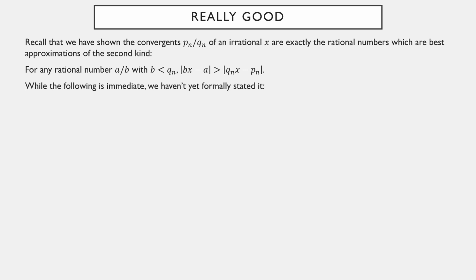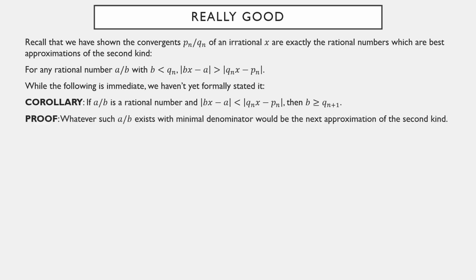So the following is immediate, but we haven't formally stated it. If a over b is a rational number and |bx - a| is less than |qnx - pn|, then b has to be bigger than or equal to qn+1. So suppose there are lots of a over b's that satisfy this, then there is a smallest denominator for which it happens.